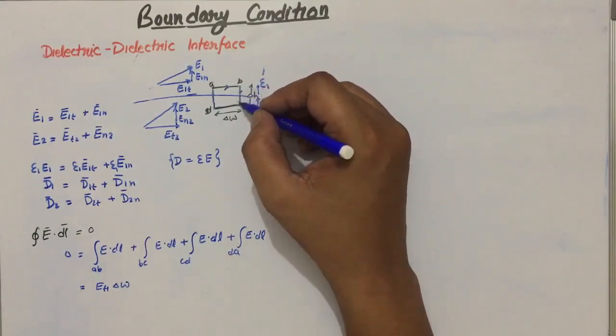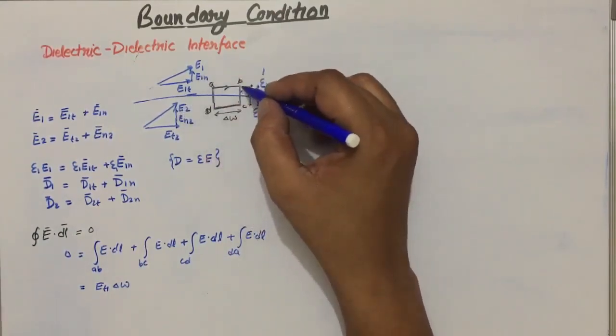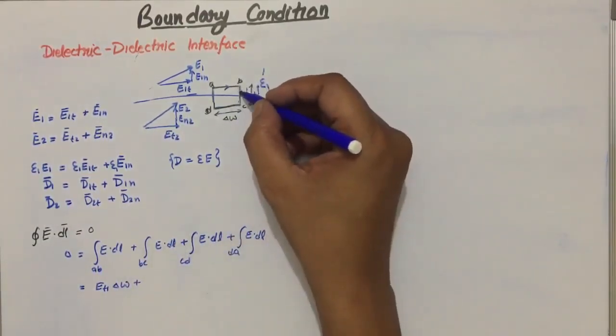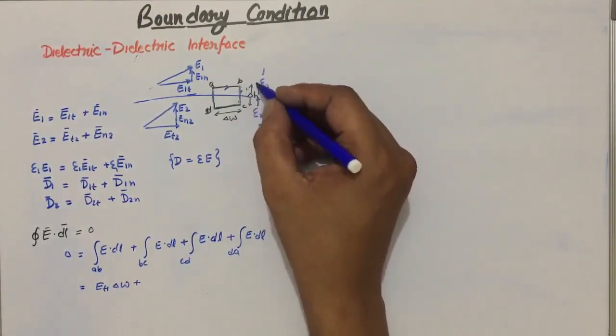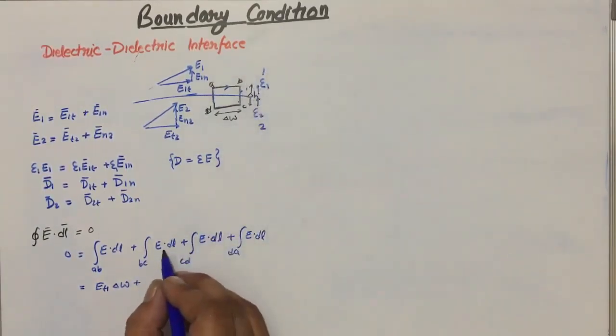So the dl is in the opposite direction, however E, meaning either E1n or E2n, is in the up direction. Both are in opposite directions, so the angle between these two will be 180 degrees and the dot product of these two will give you -1. Okay.